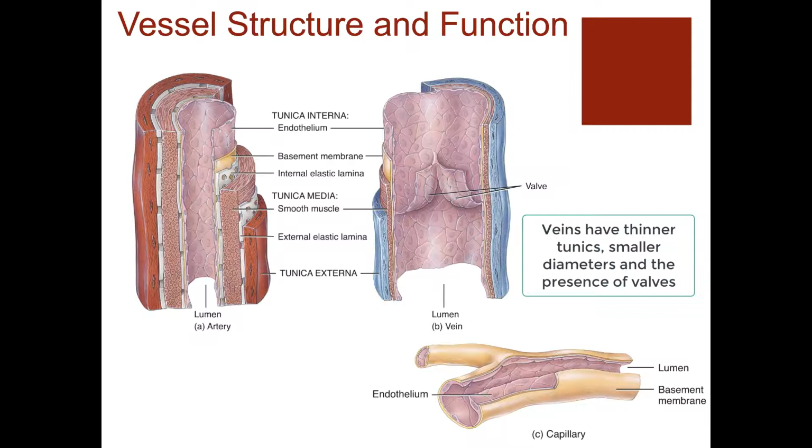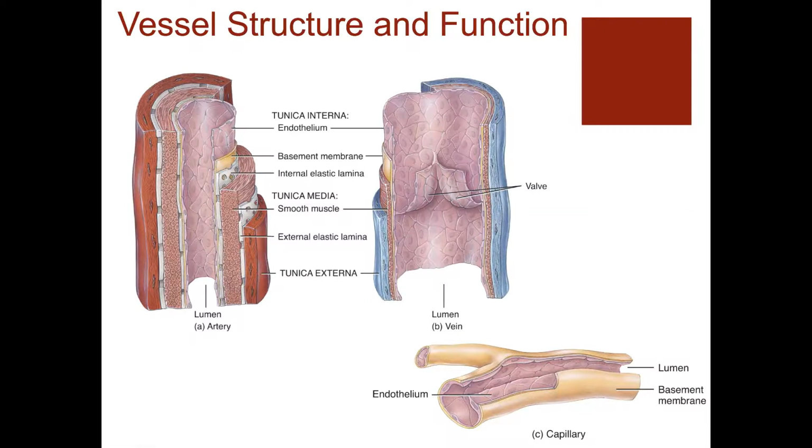One of the structural mechanisms that we can rely on to accomplish this feat is through the use of valves that are found in veins. This ensures that when we are transporting blood through veins, the blood is not going to go back the same way it came and is only going to go in one direction, and that is towards the heart.